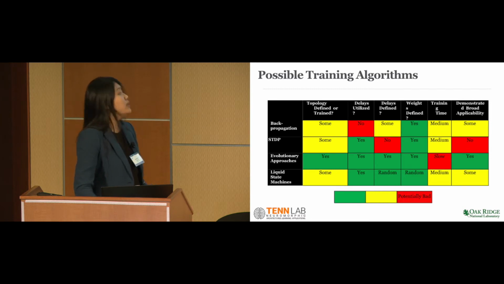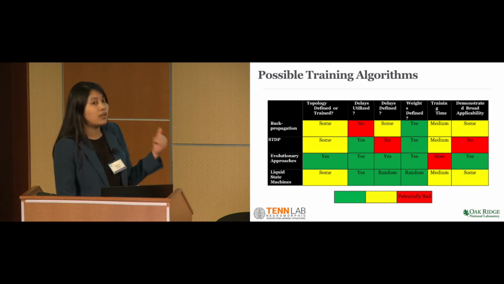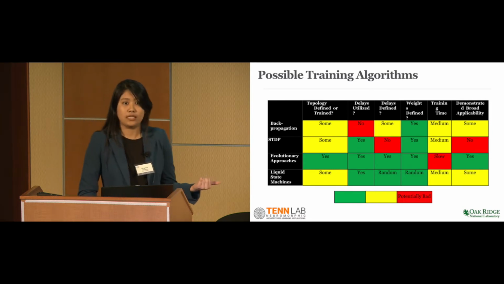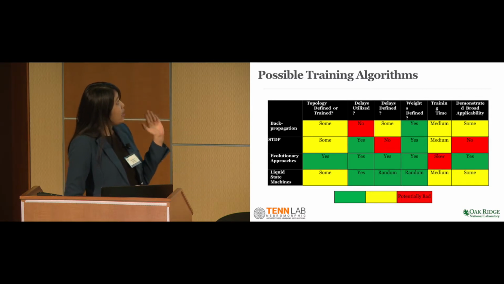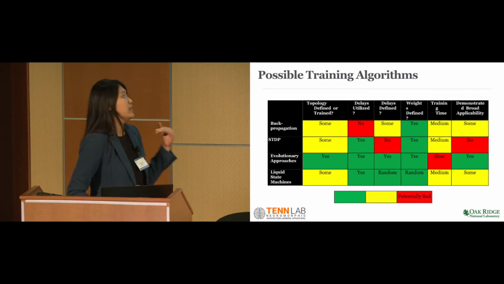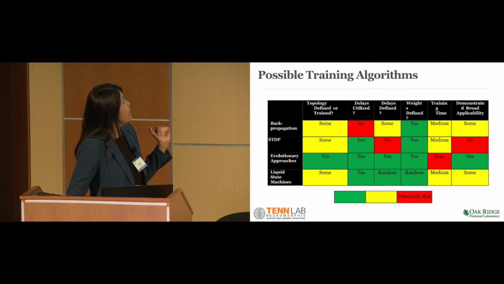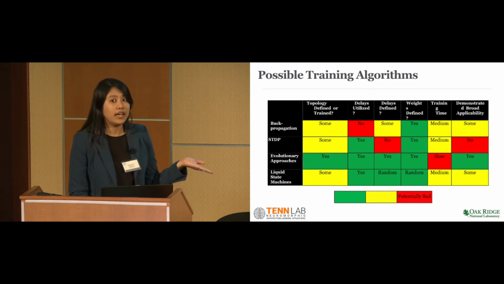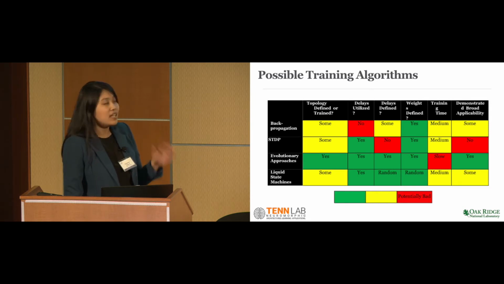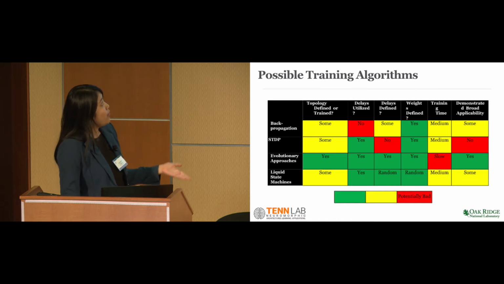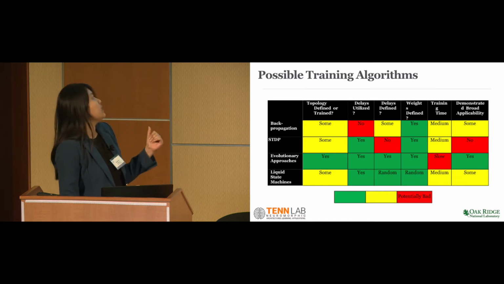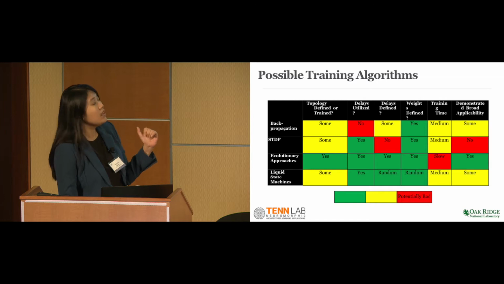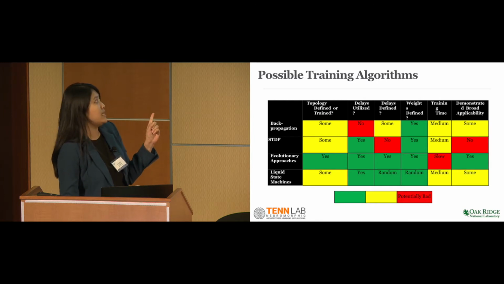Now let's talk about the last 2, which are evolutionary approaches and the liquid state machines. Clearly, they are both more advantageous than the other 2. You can see the topology is defined. The weights are either random or defined. The delays are defined. The training time for the evolutionary approach is really slow.